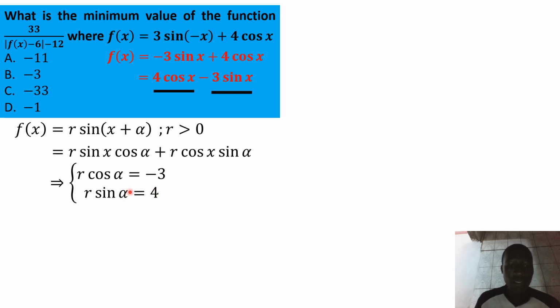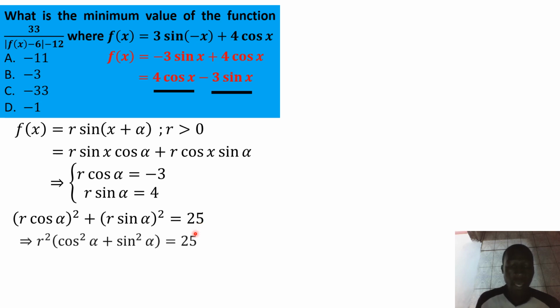Now if we square both equations and add them together, this is what we are going to get. We are going to get that r cos alpha all squared plus r sine alpha all squared is equal to negative 3 all squared plus 4 squared, which gives us 9 plus 16, that is 25. Now we can factorize r squared from the two terms, and then we have r squared into cos squared alpha plus sine squared alpha equal to 25.